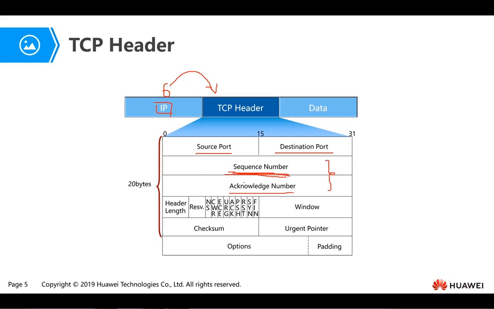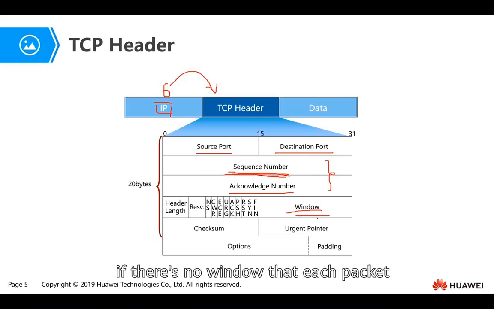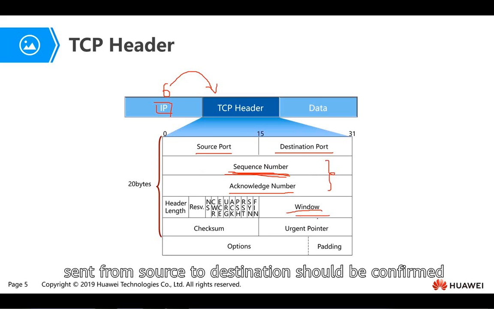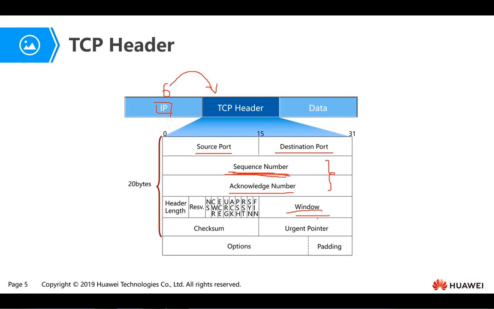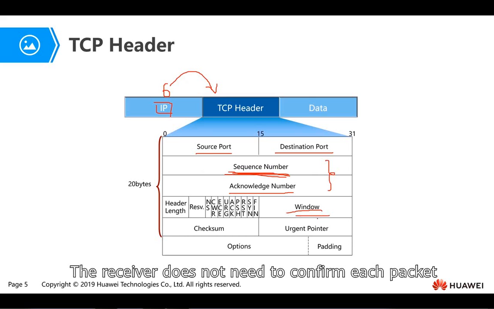Okay, and here, the window. The window is just to improve the mechanism of the connection. That means if there's no window, each packet sent from source to destination should be confirmed. But if we have the window, the receiver does not need to confirm each packet.